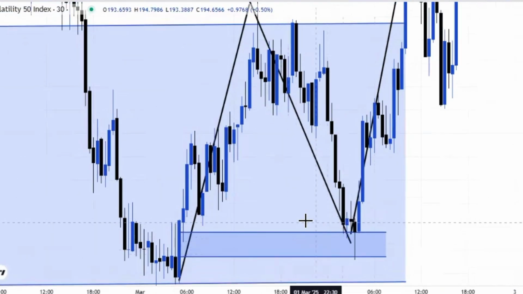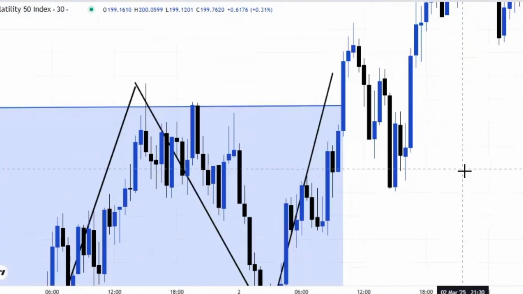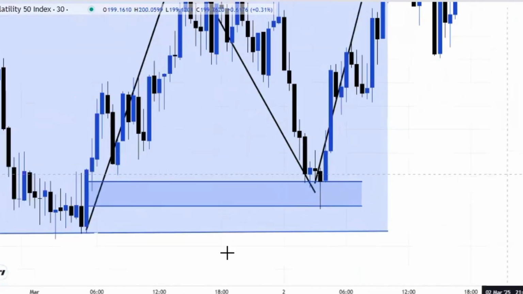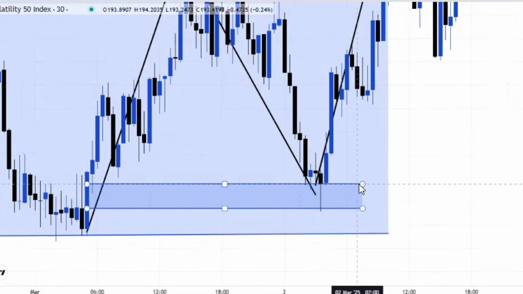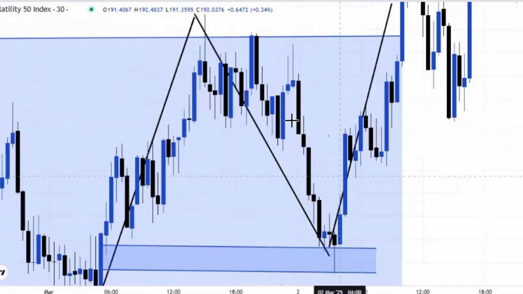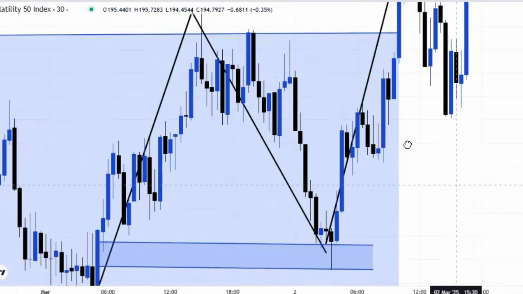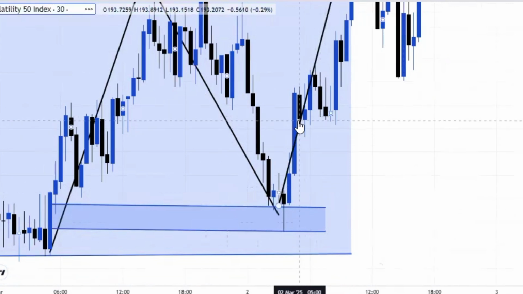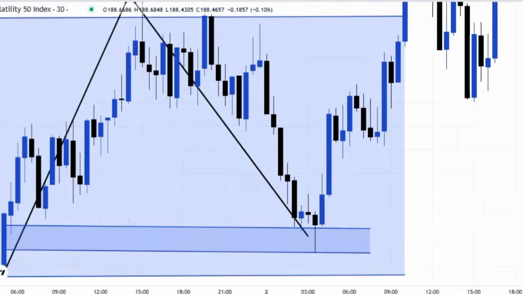Now this is where I'll pick my entry from, because I've already seen that price is creating a bullish structure, and there's an FVG below that level. So I'm going to pick this and wait. You see that price came to that FVG, and the moment price came to mitigate, we saw a very nice bullish candle confirmation, which I love so much.